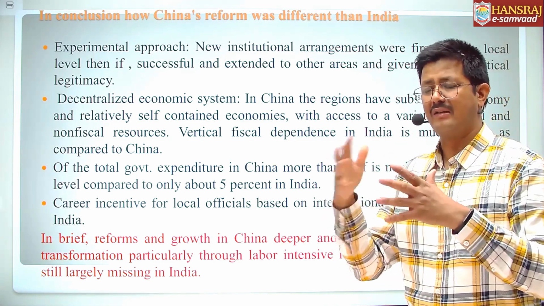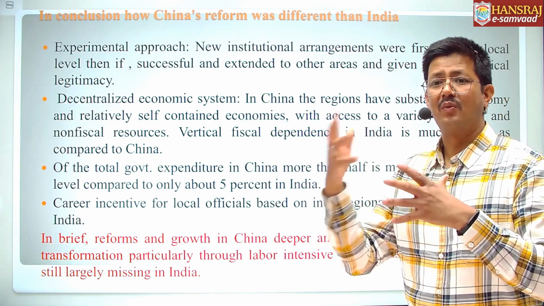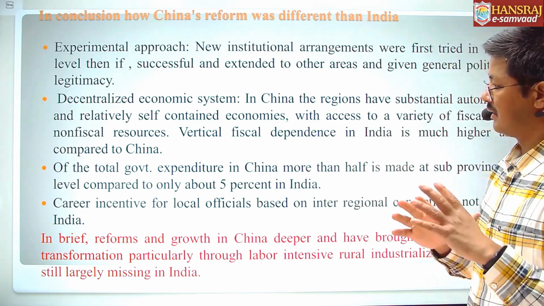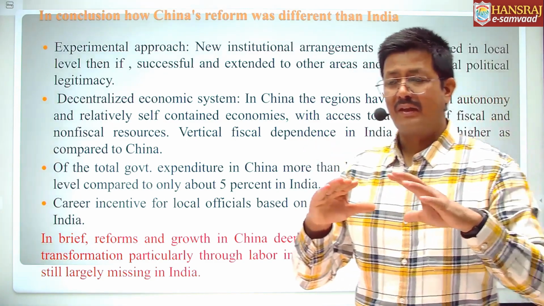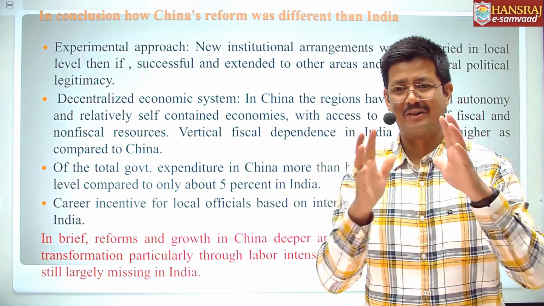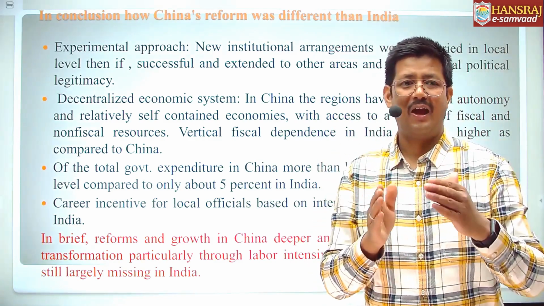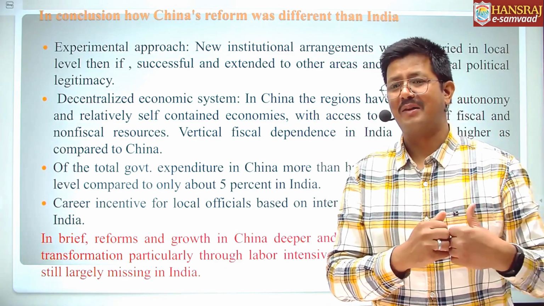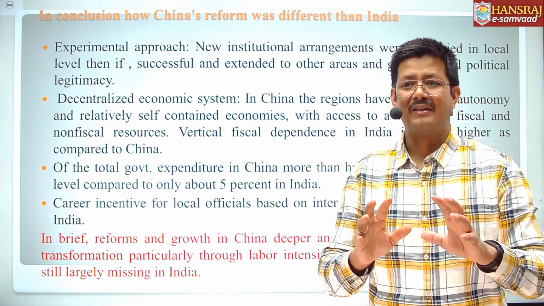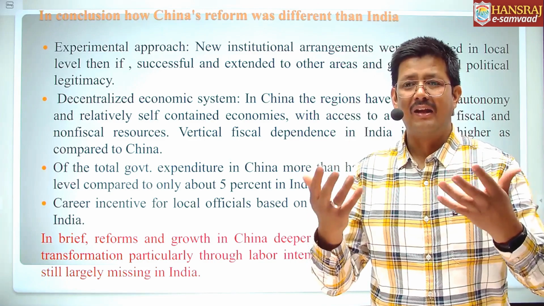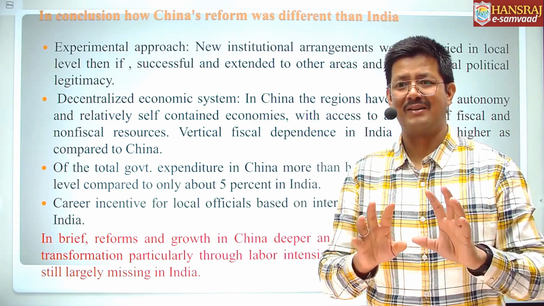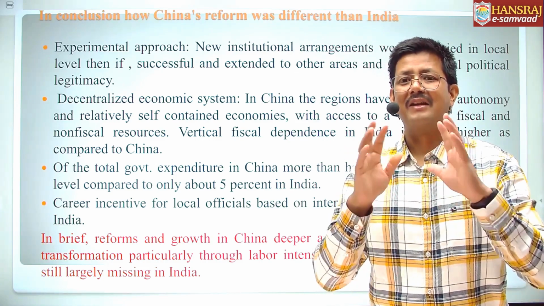So decentralization plays a major role in the economic growth of a country. And third, career incentives were given to the managers, the state-owned enterprise managers and the town and village enterprise managers, and that incentive worked well in increasing the contribution of manufacturing to China's economic growth.